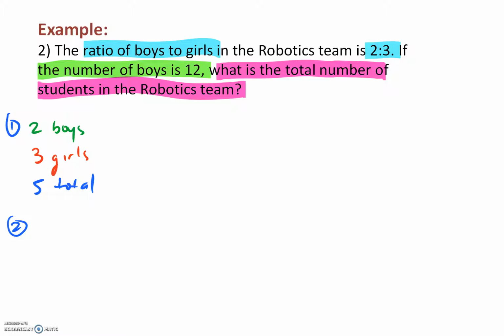If the number of boys is 12, what is the total number of students in the robotics team? So if you look closely, the question is saying, what is the total number of students in the robotics team? So this tells us that this is going to be a part-to-whole question.